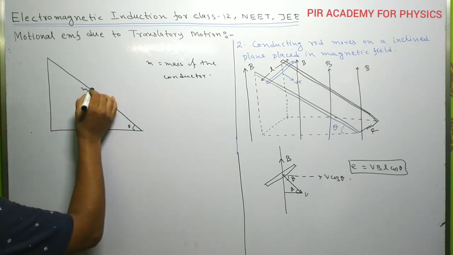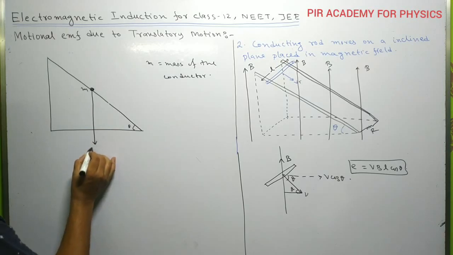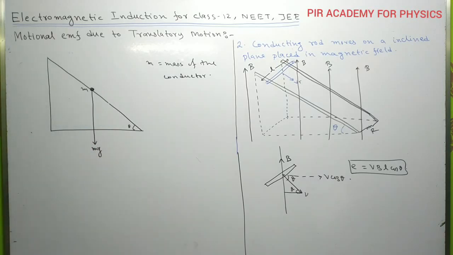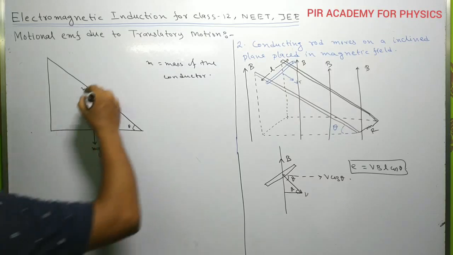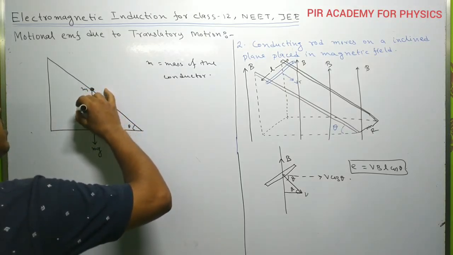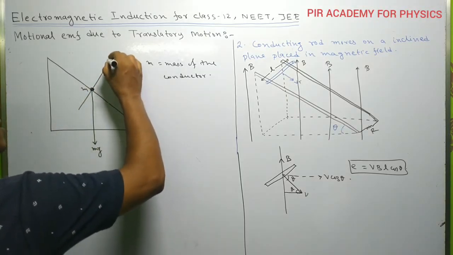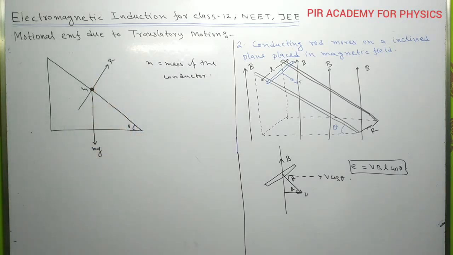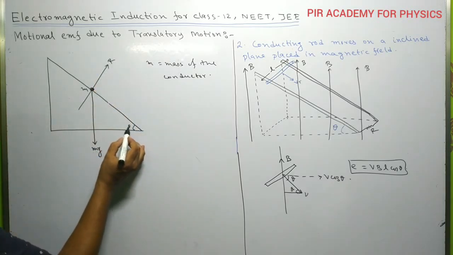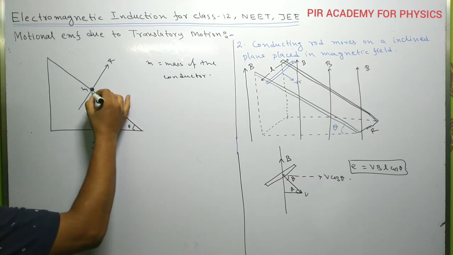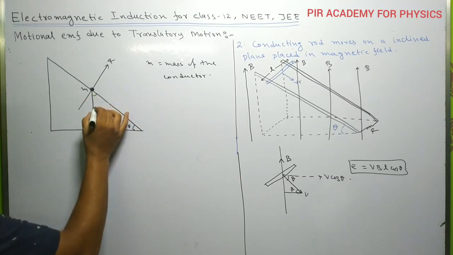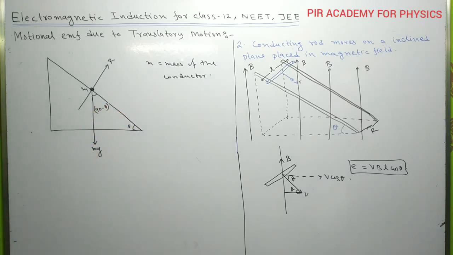Then the weight mg will be along this direction, and this is the normal. If this is theta, then this angle will be 90 degrees minus theta, because this is 90 degrees.